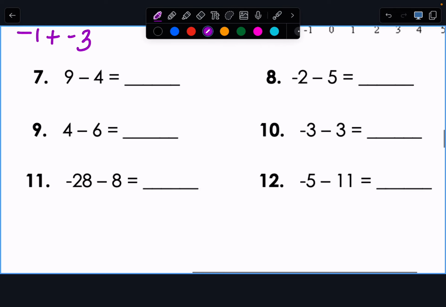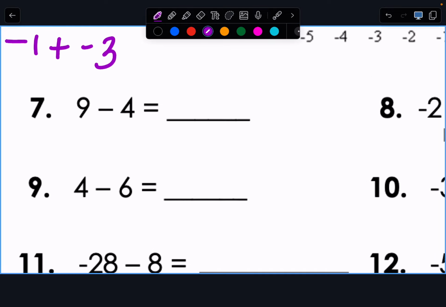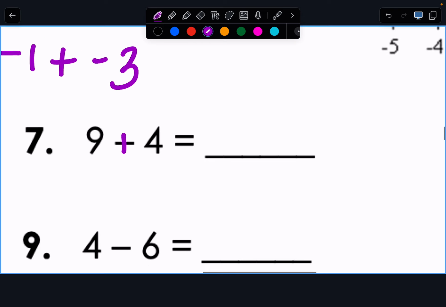Okay. So let's look at number 7. Number 7, we have 9 minus 4. So since it's subtraction, we're going to change it to add the opposite. So you can rewrite it like this, or you can say, all right, I'm going to add the opposite, where I change the minus to a plus, and then I change the sign of 4 to be negative. This is 9 minus 4. Are we really going to do this with 9 minus 4? I wouldn't. This is too much work for 9 minus 4.